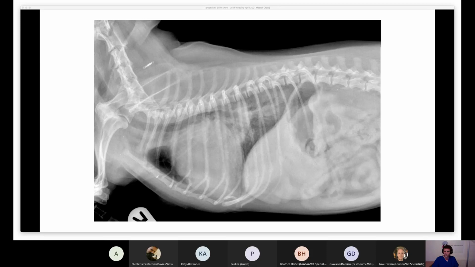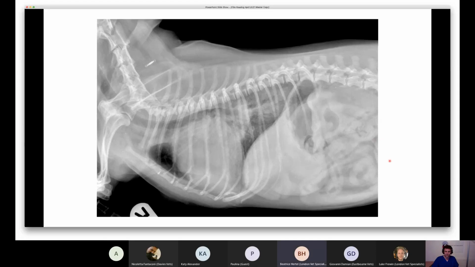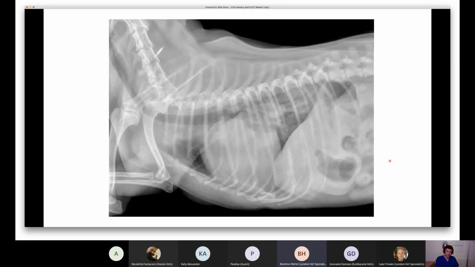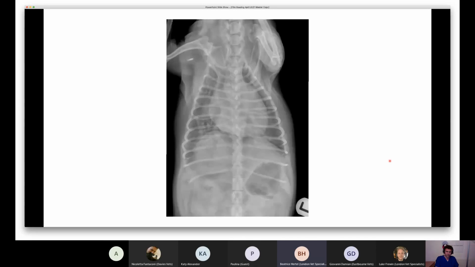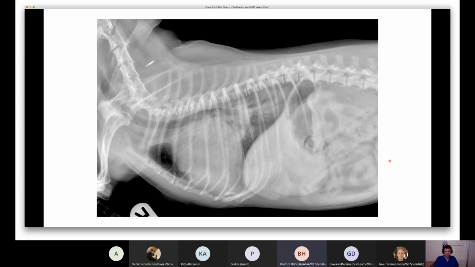Thanks, Pete. So there are 3 orthogonal views of a skeletally mature dog of the thorax, starting from the right lateral. Well, the details are adequate. We can see the cardiac silhouette that is markedly enlarged, displacing the trachea dorsally.